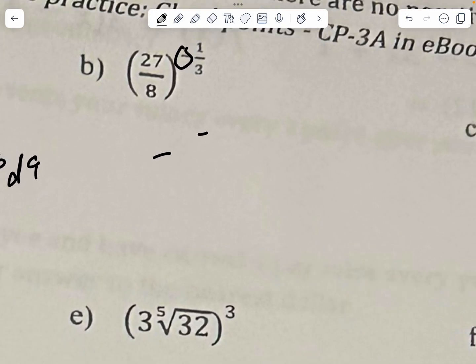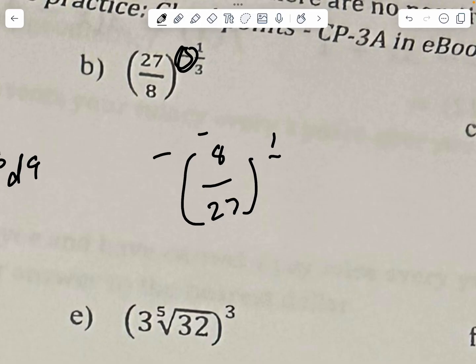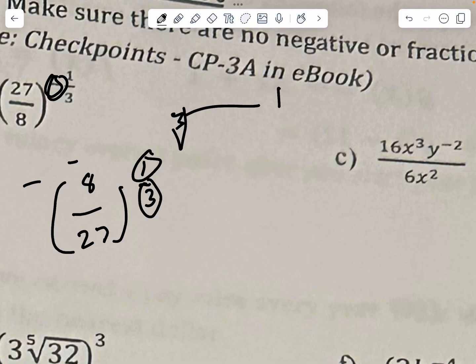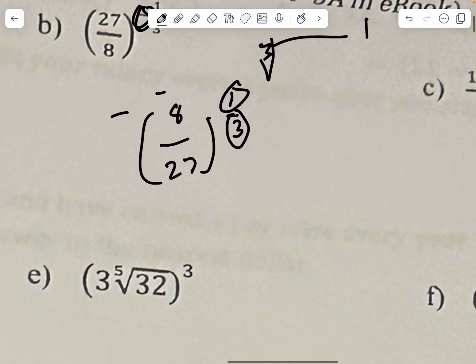The next one, same thing. Got the negative sign, so you're going to flip it. 8 over 27, all to the 1/3 power. To do something to a fractional power, you take the bottom, you make that the root, so it'd be the third root, and then you take the top, and that's what you raise it to the power of, so it'd be the power of 1.